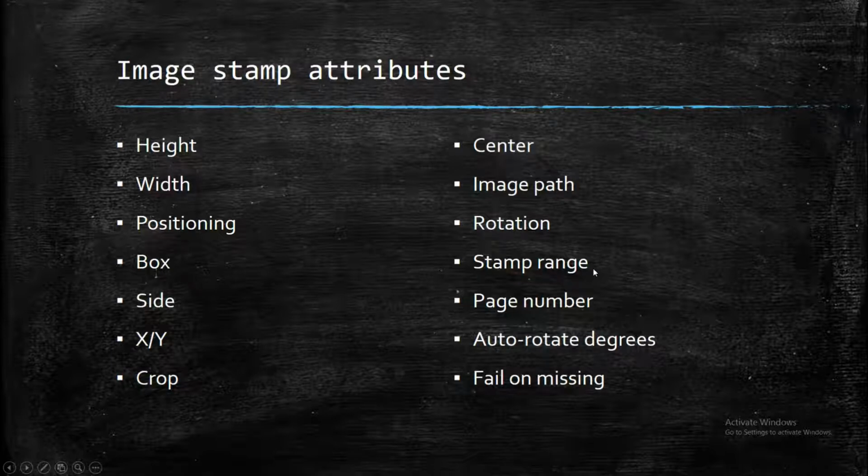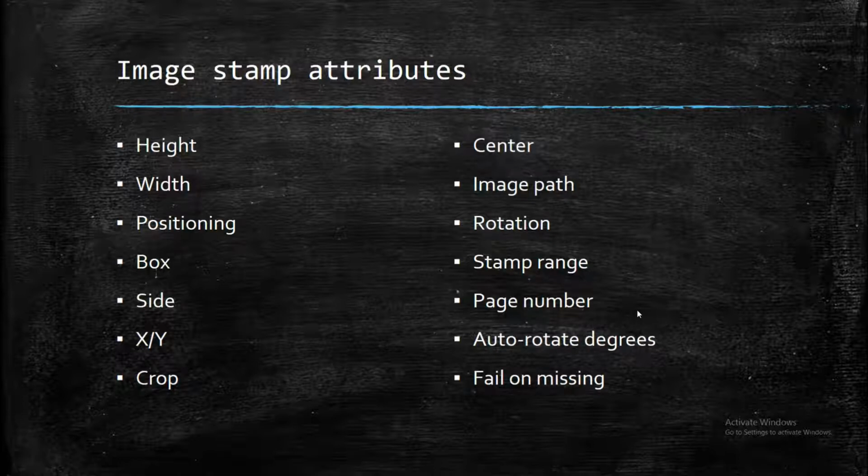And then we have this attribute auto rotate degrees. As the name implies, this is going to automatically rotate the image if the aspect ratio of the image doesn't match the aspect ratio of the box you have defined.